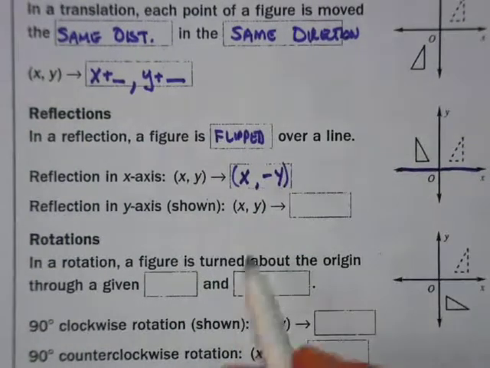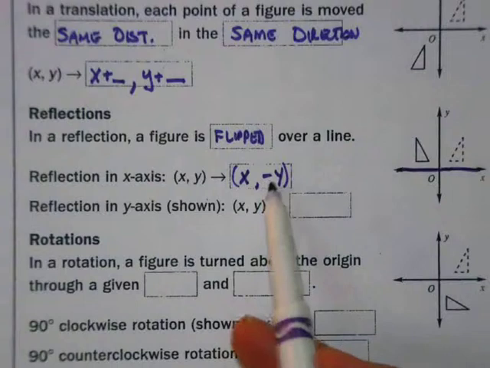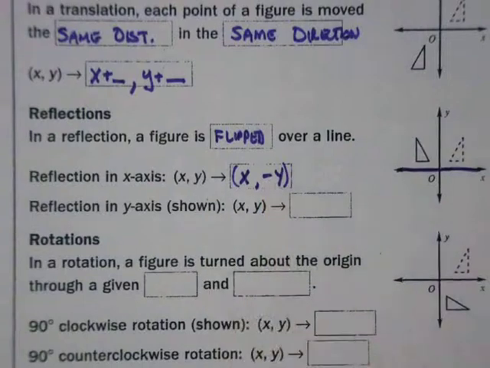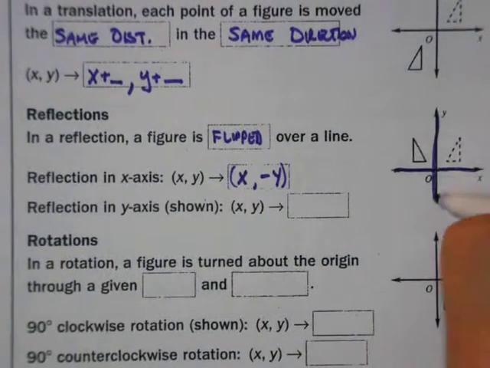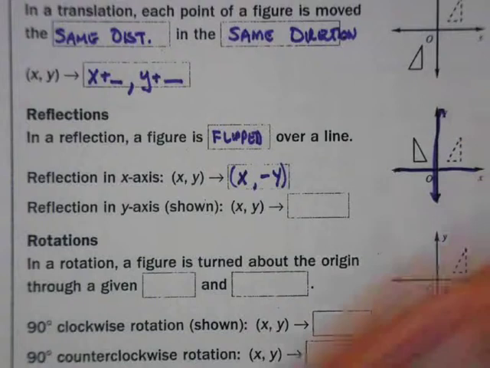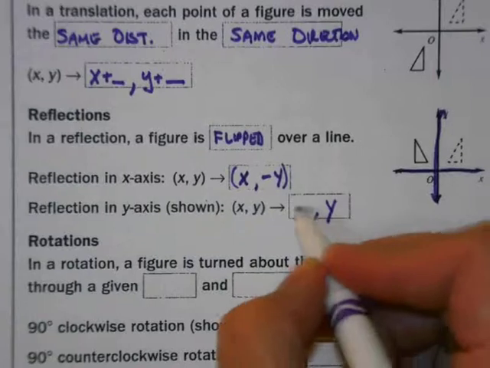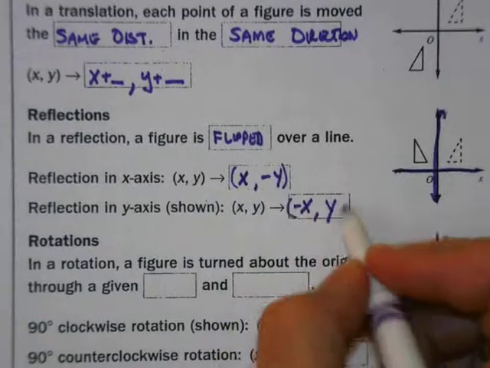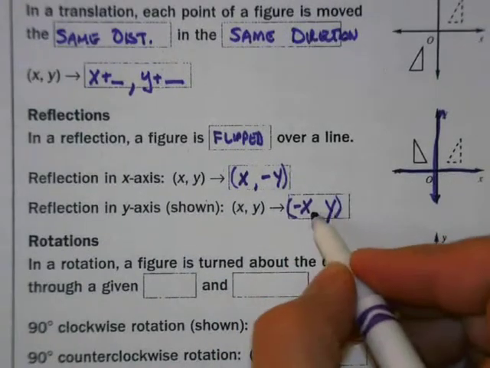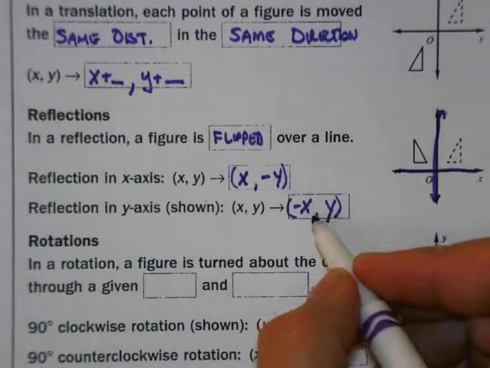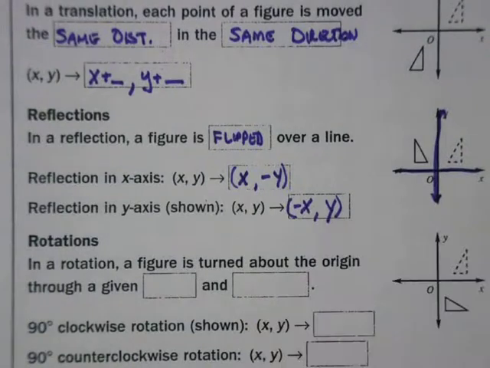If it's negative, it becomes positive. If it's positive, it becomes negative. We switch the sign in the y-coordinate. If what we're reflecting across is the y-axis, then the y-coordinate stays the same, but the x-coordinate gets flipped in its sign. The x-coordinate, if it was positive, it becomes negative. If it was negative, it becomes positive.